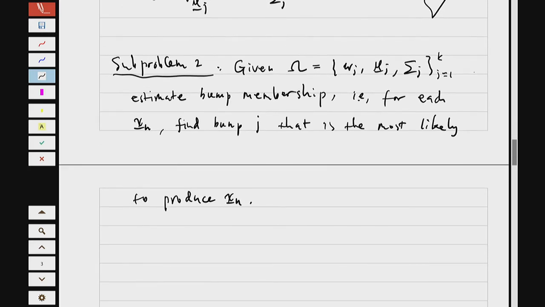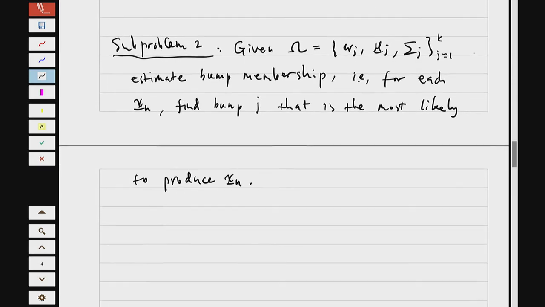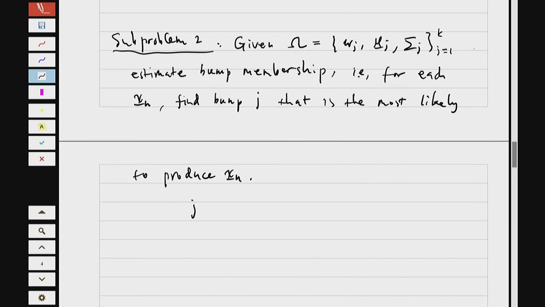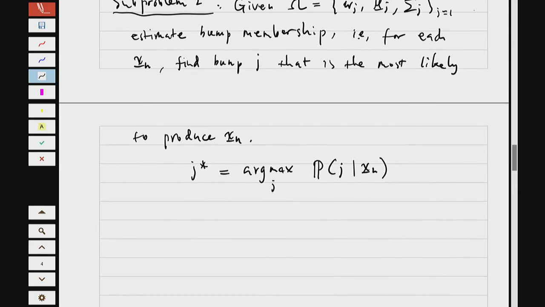Which bump is the most likely that we have used to generate it? So mathematically, J star, the optimal j, will be the argmax over all of the j's, all of the bumps, of the probability of j given xn. That's what we want to maximize.